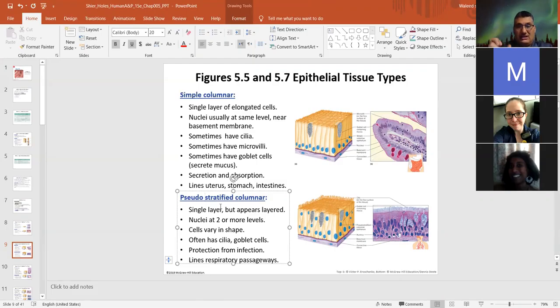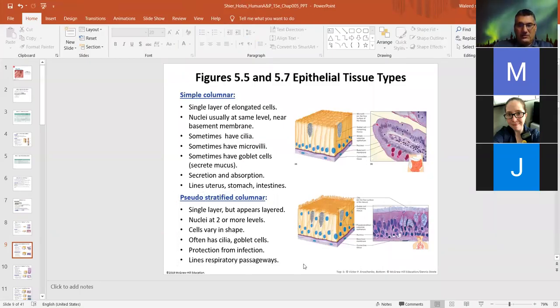It gives you a false impression that this is stratified. So they cannot call it simple columnar, even though it's one layer, because it looks unusual. They put it in a separate category, and they call it pseudostratified. Is it simple? It is kind of simple, but it looks like multiple layers.